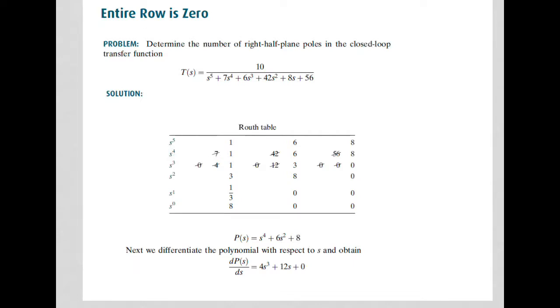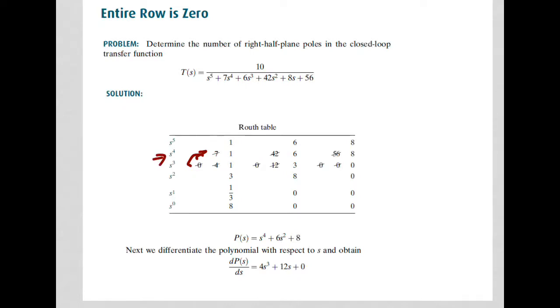First, we return to the row immediately above the row of zeros, that is the second row, and form the auxiliary polynomial using the entries in that row as the coefficients.